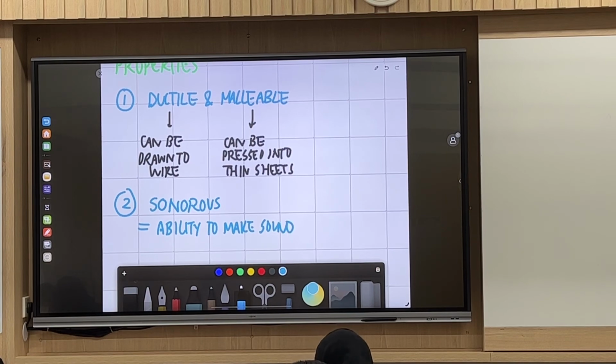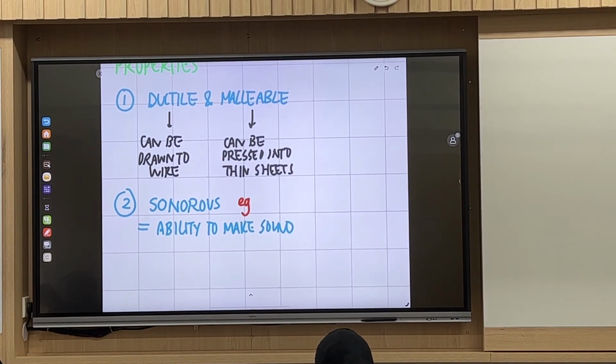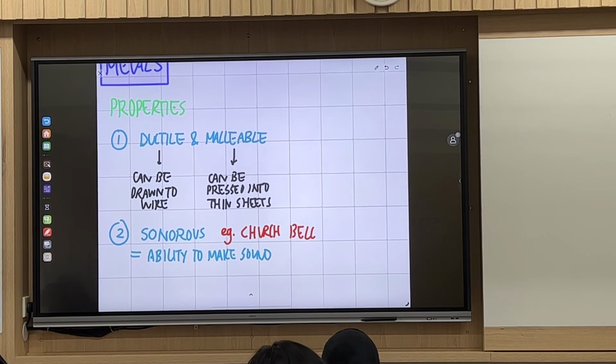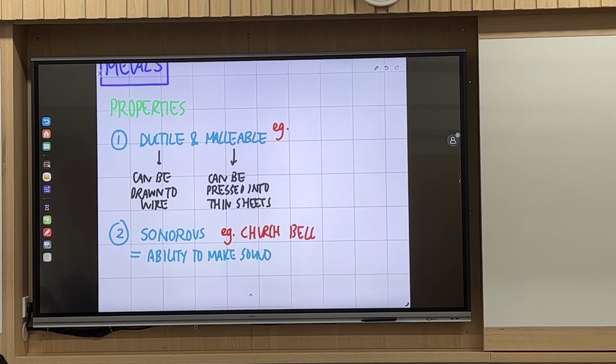So you can put down an example of an everyday life object that makes use of this property, like the church bell. Yeah, and ductile and malleable. Can anyone think of a use of something that can be pressed into or drawn into thin wires? Copper wire. You know, in all kinds of electronic devices, there's copper wire.